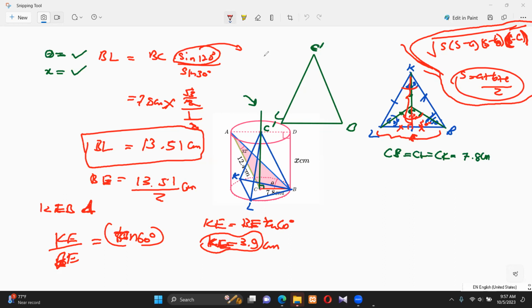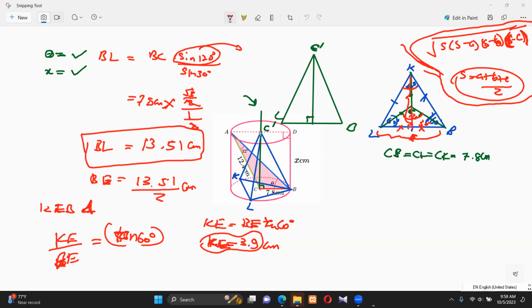Okay, now if you could find this perpendicular height, we got the redemption then, right? So this perpendicular height is exactly this one.